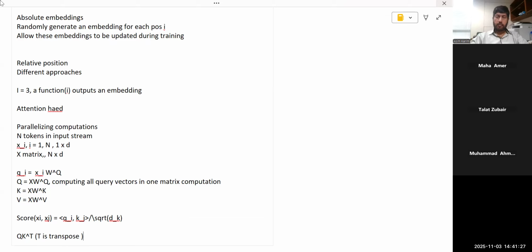ओके, द मैट्रिसेस Q एंड K, ये लास्ट लेक्चर में हमने डिस्कस किया था. So these matrices are for the attention mechanism.